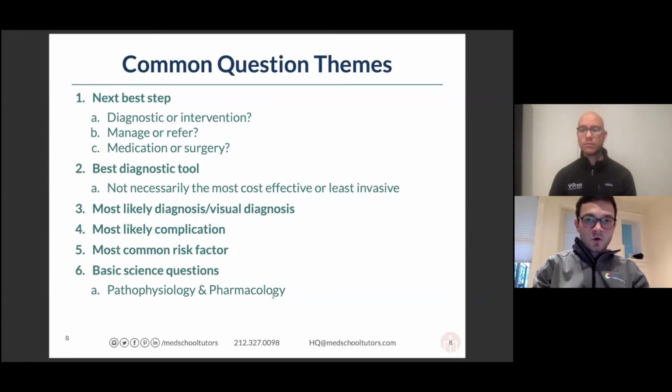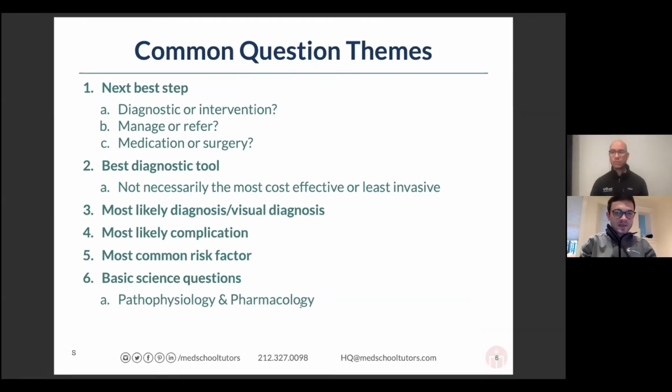If they ask me the gold standard in diagnosis for this patient, can anyone in the chat remind me what the gold standard of diagnosis for Alzheimer's disease is? So biopsy, and I'll take it a little further, it's actually like an autopsy examination of the brain. So the gold standard is different than what my next best step in management would be, right?